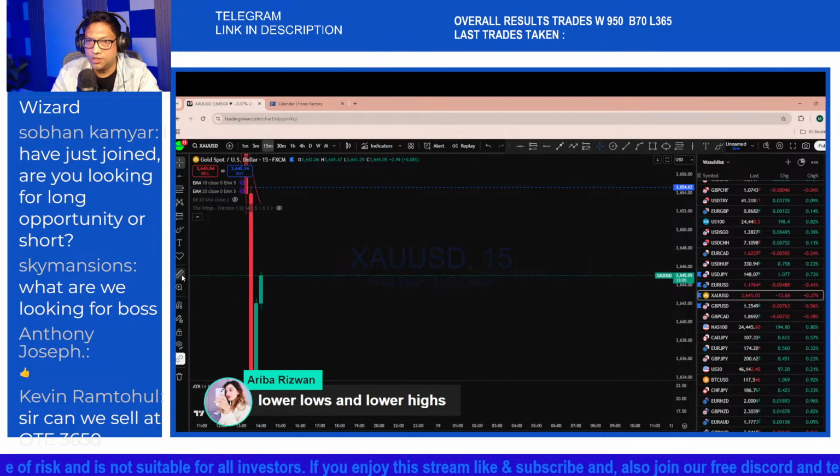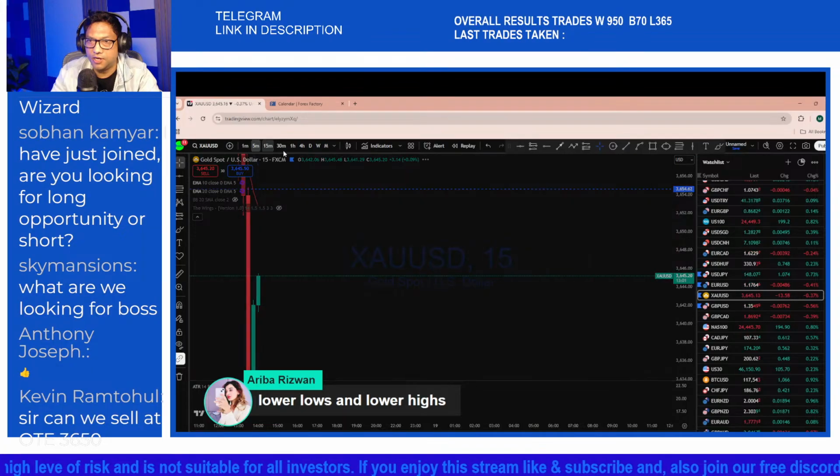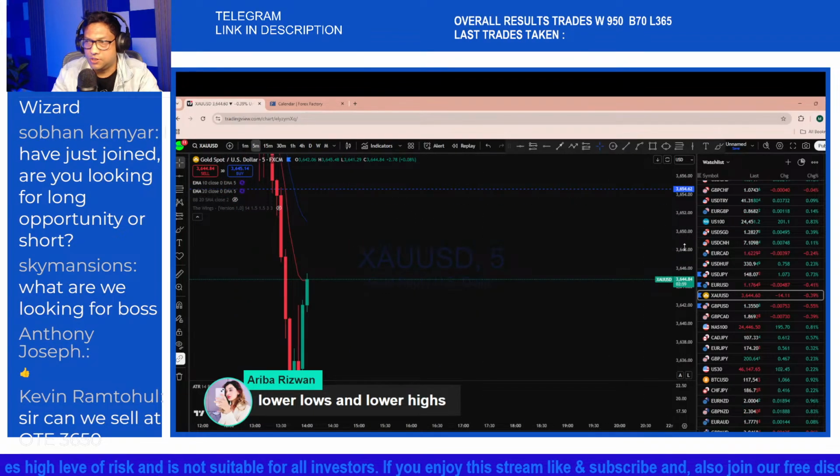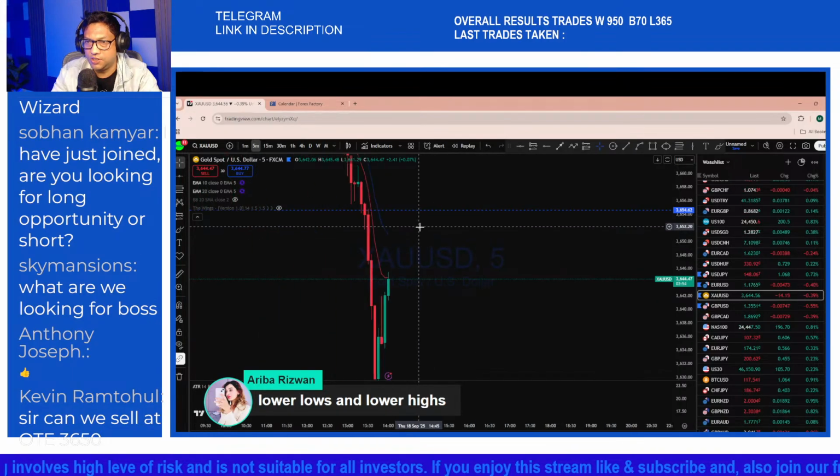Okay, here what you can see from this high, as the market is highly volatile, we can see the market from that zone started to create that structure in this area.